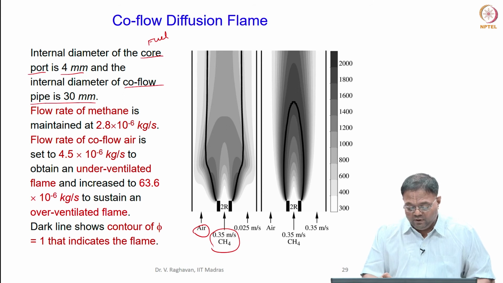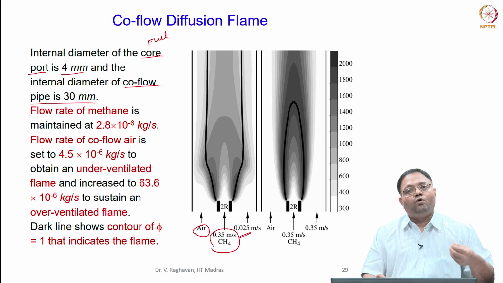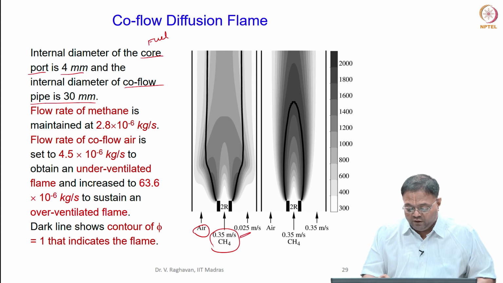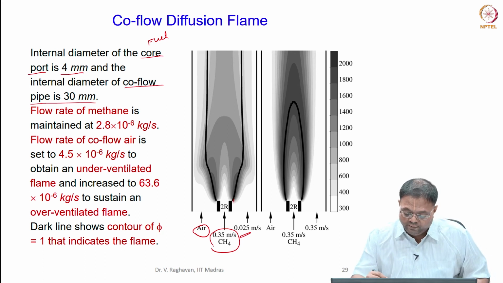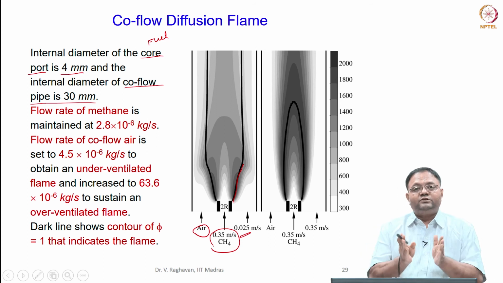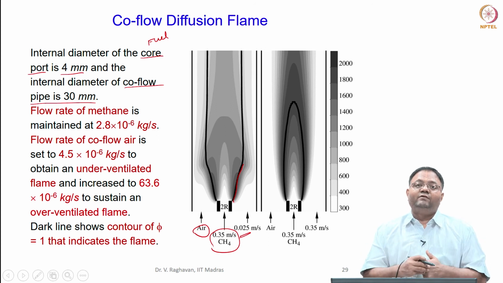The flow rate of methane in the core, the fuel pipe, has a velocity of 0.35 meter per second. And now the velocity of the oxidizer is a very slow flow rate, about 0.2025 meter per second, one order of magnitude less than that of the fuel. You can see the flame is formed stretching towards the oxidizer side, an under ventilated flame.